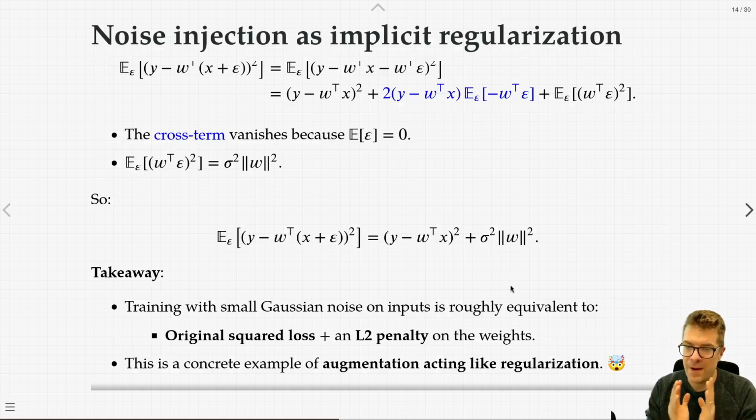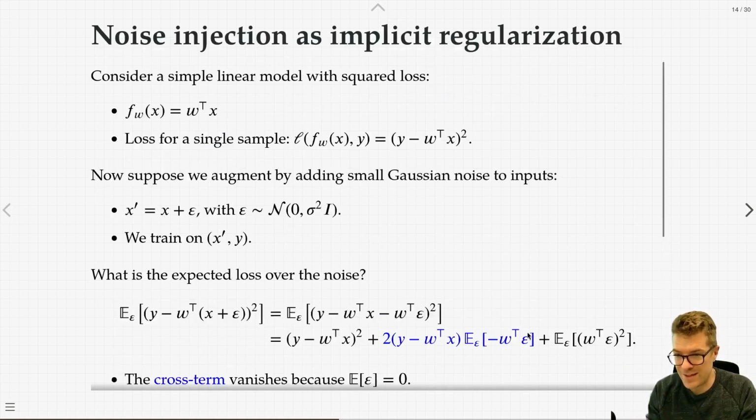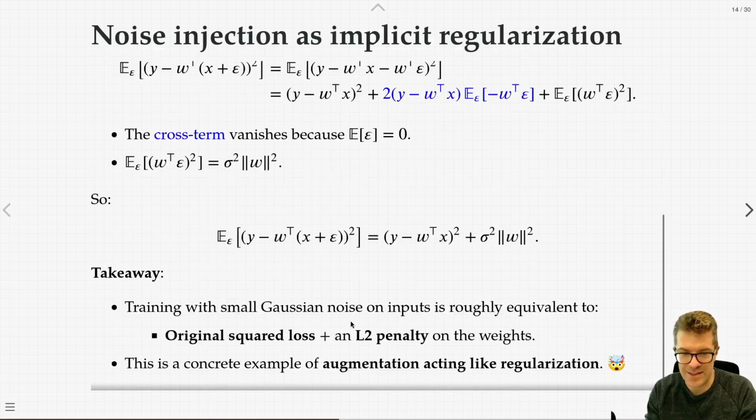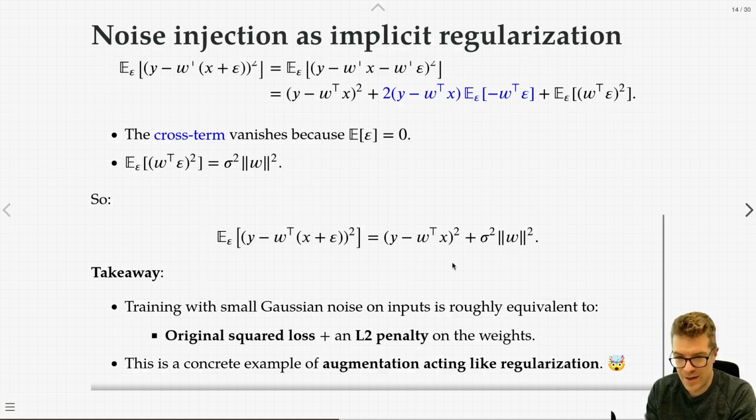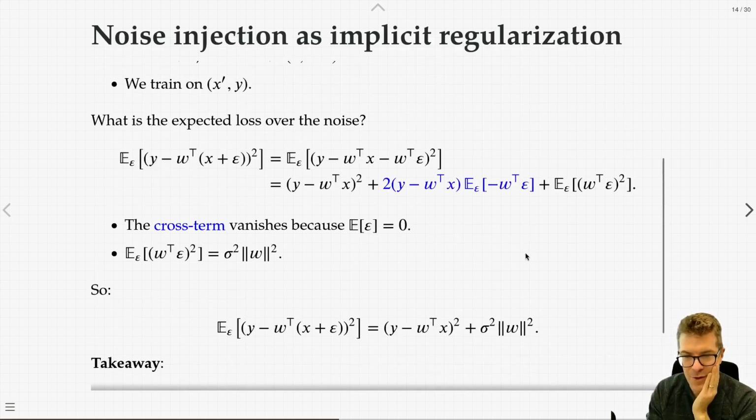So the reason why I think this slide is very interesting is that this is a concrete, although theoretical, example of augmentation in the form of just perturbations to the data that essentially acts like regularization. In fact, it is an exact form of the regularization we saw in a previous module. This makes my head explode, and I mean in a good way, and hopefully some of this is pretty interesting to you too.